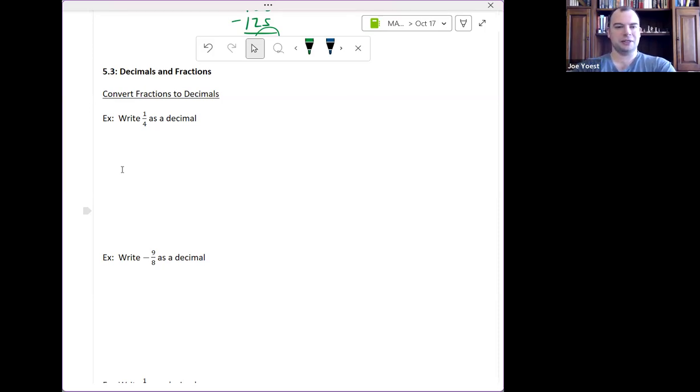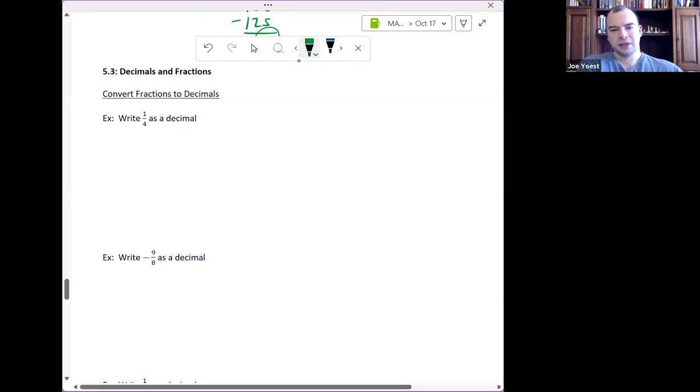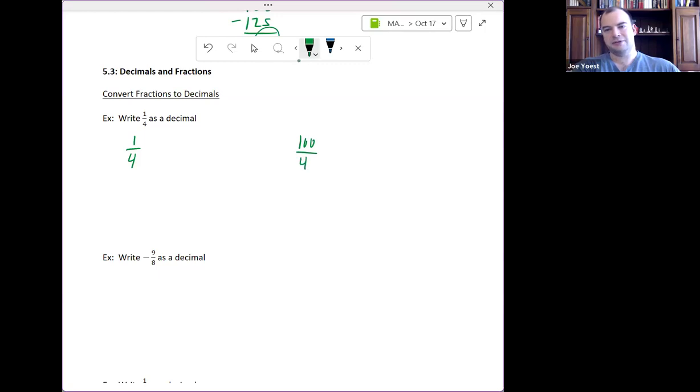It's always good to start with an easier problem and go through it systematically so that we get our feet under us. What would I really like to do here with 1/4? I'd really like it if I had something like 100 divided by 4. I know how to do that, right? That's going to be 25.